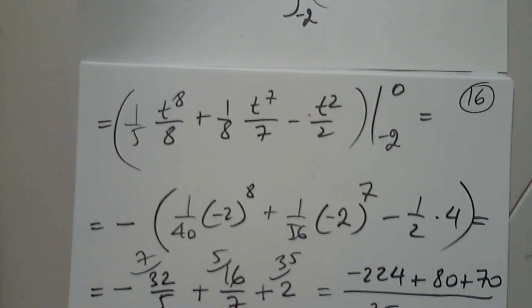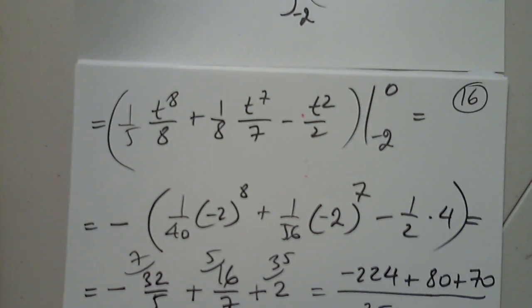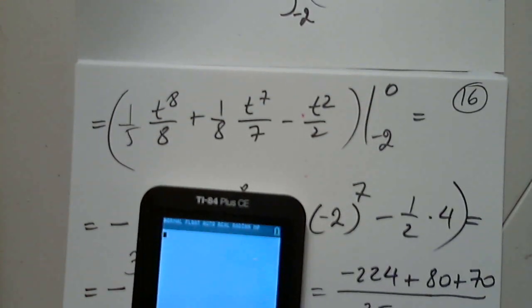Okay, so negative 224 plus 150 over 35. I get negative 74 over 35. And I'm going to check with number 9, negative 2 to 0.